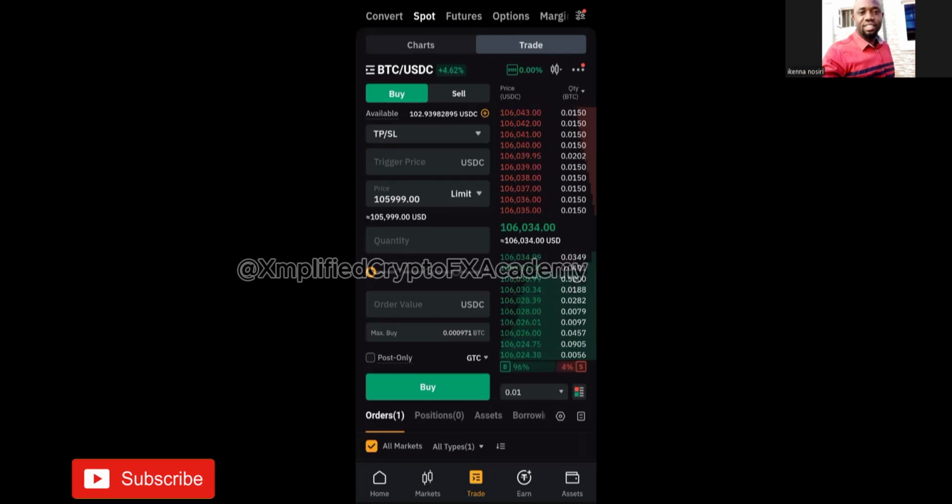You use the sell icon for take profit or stop loss. And this just gives you one condition: is it that you take profit or you stop loss on an acquired token? So you must have bought using limit or market order first. Then you move over to the TP and SL function.